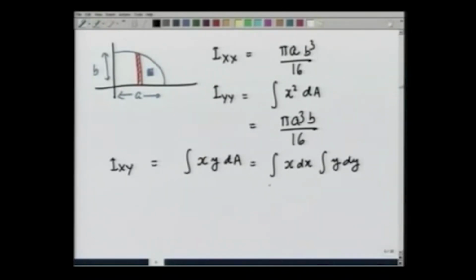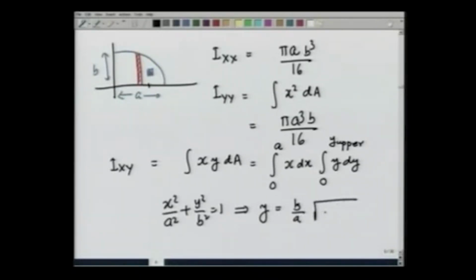X varies from 0 to a, and for any given x, y varies from 0 to y upper, where y upper is given by the equation x squared over a squared plus y squared over b squared equals 1, and that gives for any given x that y is going to be b over a times the square root of a squared minus x squared.